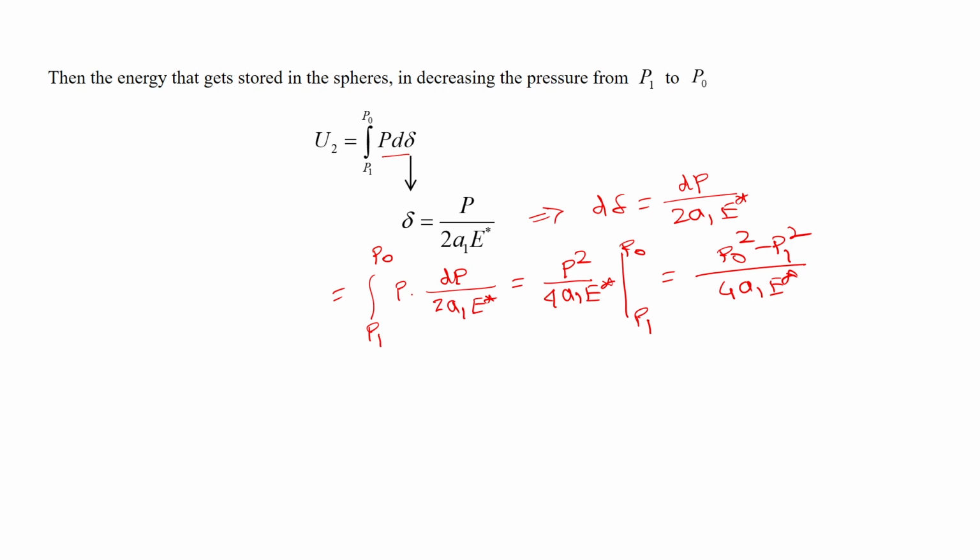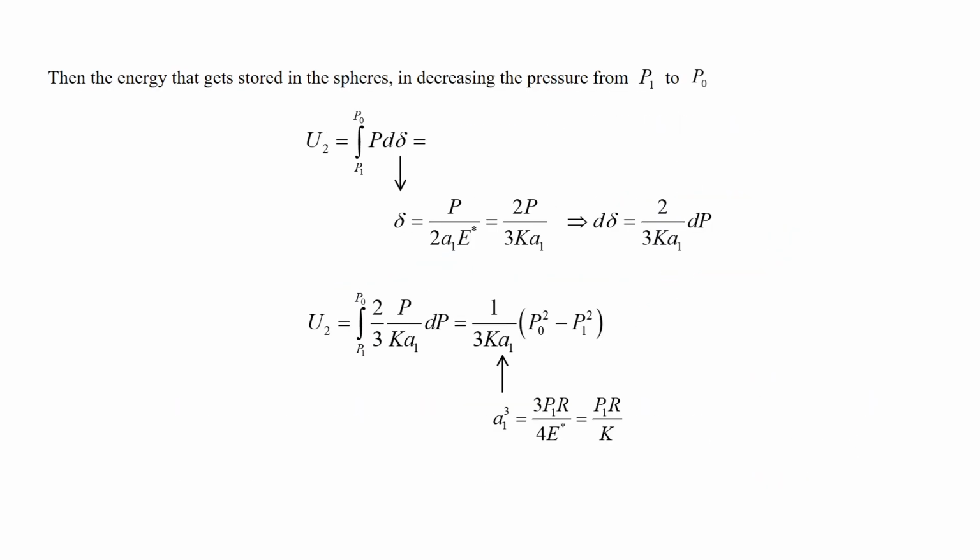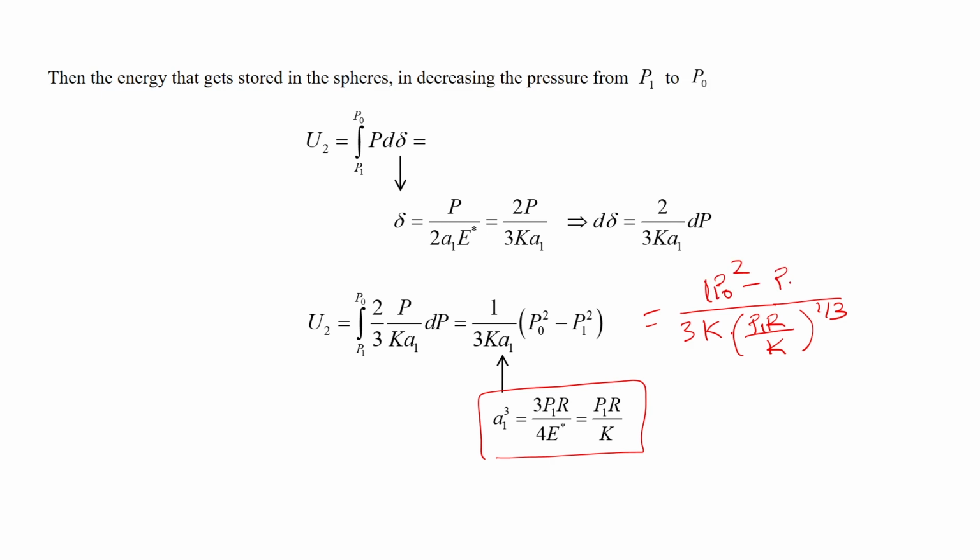And noting that A1 can be written in terms of P1, by the equation A1 cube is equal to P1 R by K that we obtained earlier, here I will replace A1. So it is 1 by 3 capital K, and A1 will be equal to P1 R by capital K to the power 1 by 3, with P0 square minus P1 square.